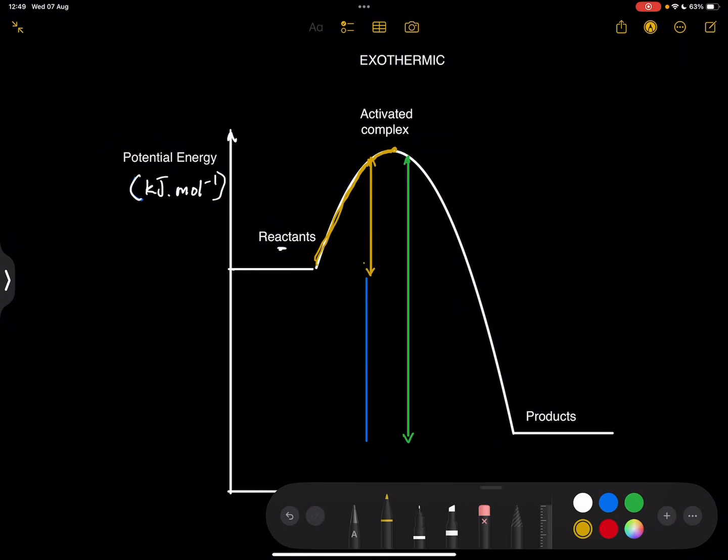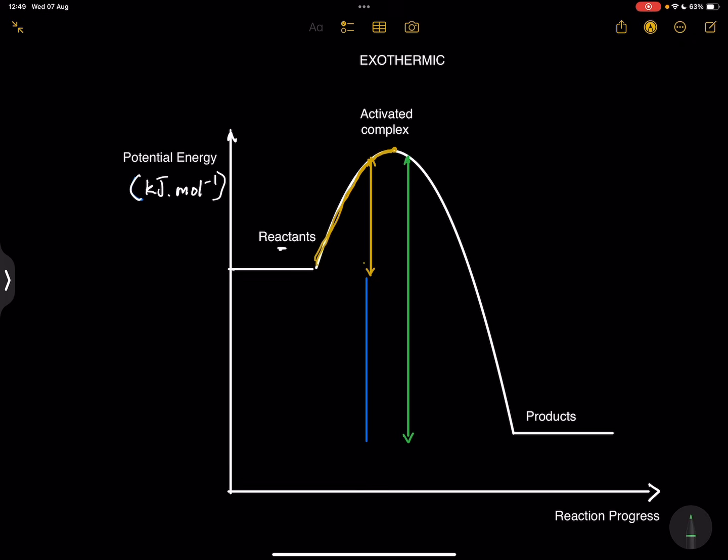And so what happens? We actually release even more energy in this case. So we've got more energy that is released than what is actually absorbed, right? During the process of bond formation. And so as a result, the products have a lower amount of energy than the reactants. Okay, so as a result, what do we note? This is an exothermic reaction, right?